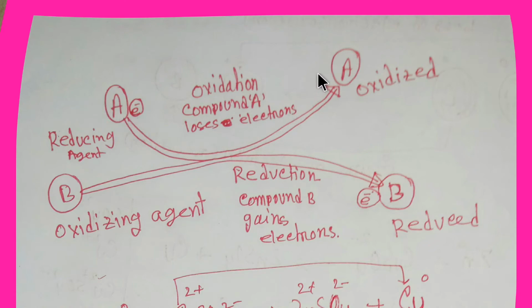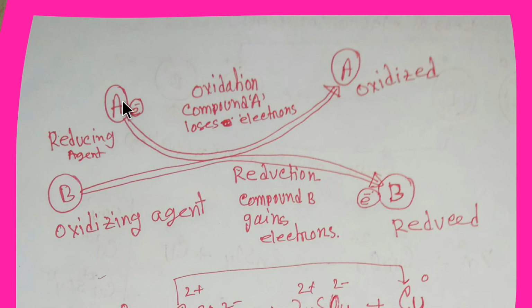A is losing electron and A is oxidized. A, after releasing electron, is oxidized. That is, the substance or reactant which will release or give electron is called reducing agent. Here A is the reducing agent. The reducing agent will give electron, and the reducing agent itself will be oxidized, right?